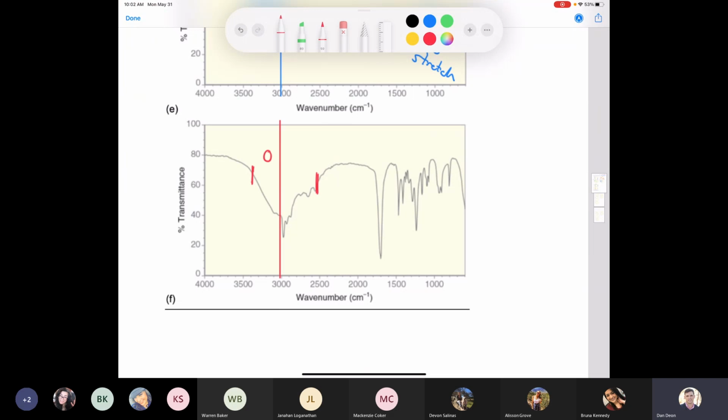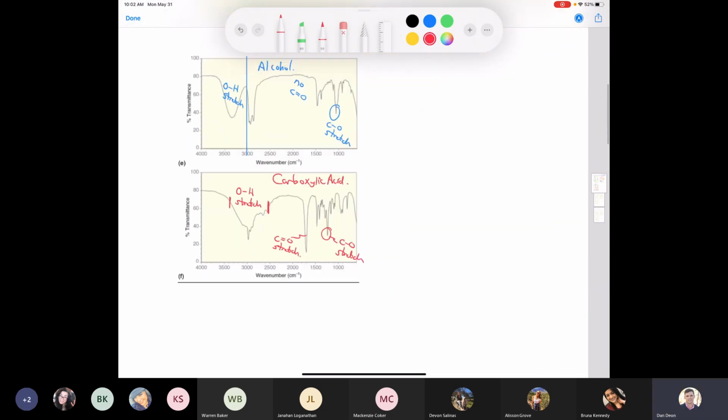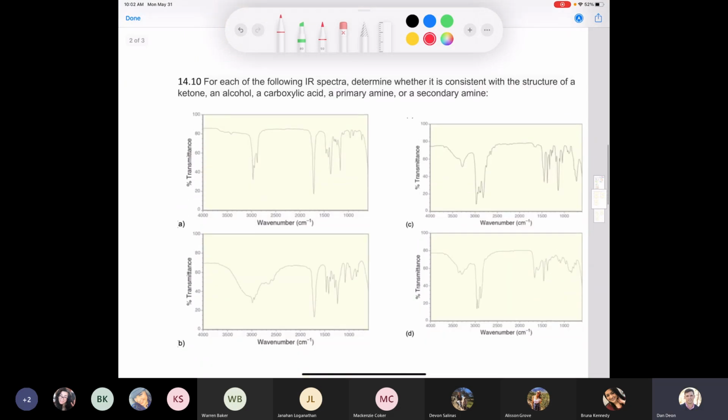So this is an OH, oxygen-hydrogen stretch. I'll just draw a line like this: carbonyl stretch. And this is probably my carbon-oxygen stretch. And this is a carboxylic acid for sure, just like that, my friends. There you go.